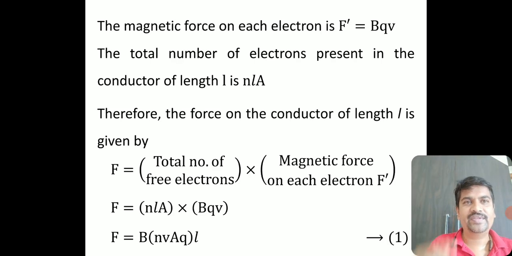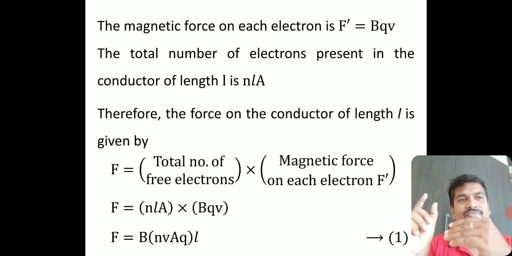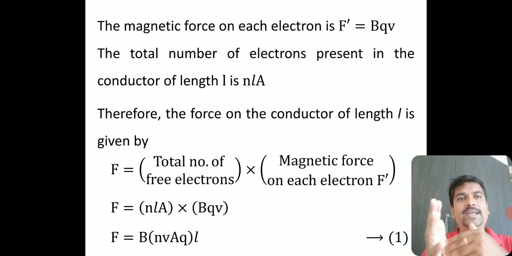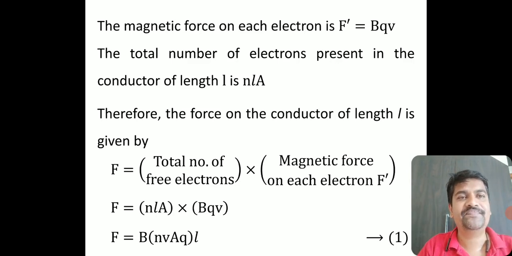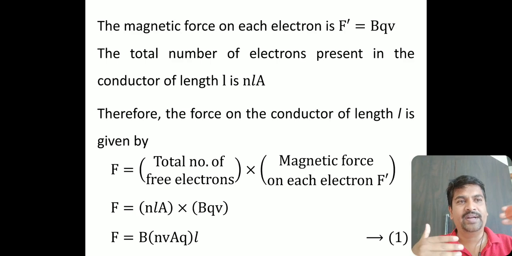For unit volume, the number of electrons is N. For volume L into A, the number of electrons will be NLA.